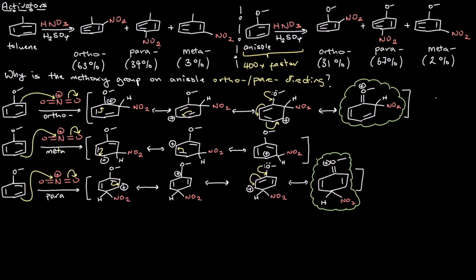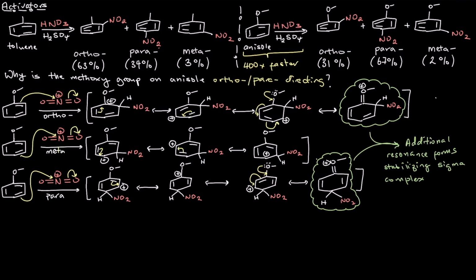Okay, so now consider the sigma complex when the nitro group adds at the meta position. So I have drawn all three of those sigma complexes that we're used to seeing. However, note that there's actually no way in this particular case where you could draw another resonance form in which the methoxy group takes that positive charge away from the aromatic ring.